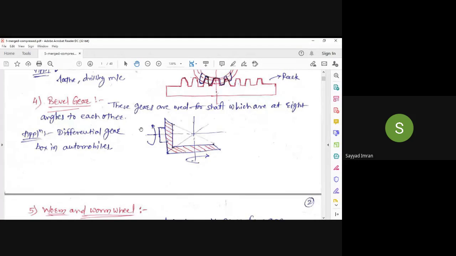One end is connected to the engine gearbox, and the last end is connected to a casing in which the differential gearbox is used. This is exactly at the middle of the rear wheels, which are connected by an axle, and in between there is a gearbox. In the differential gearbox, bevel gears are used. This is used when the vehicle takes turns, so it helps with safe turning.